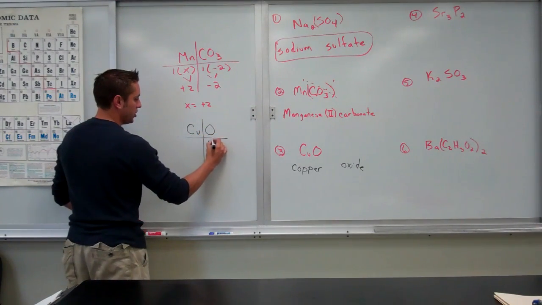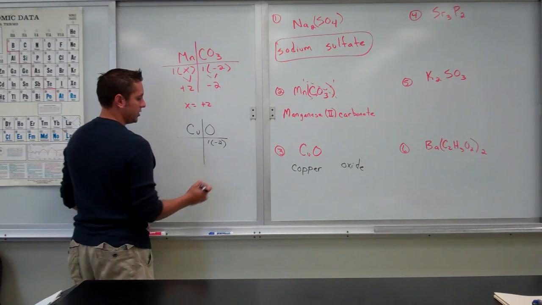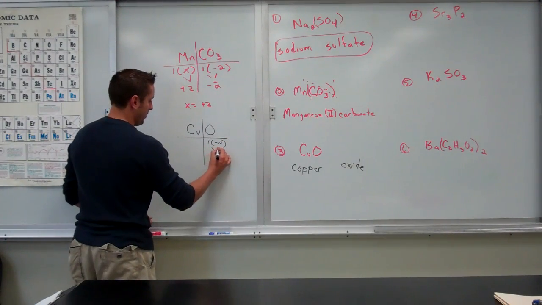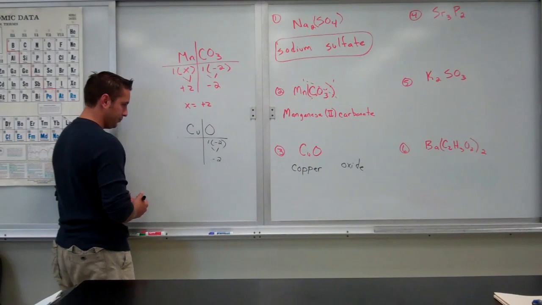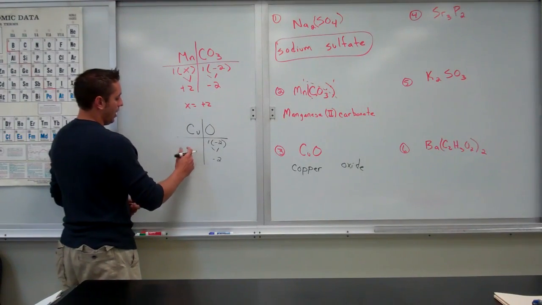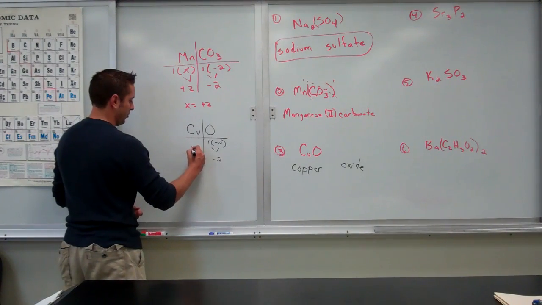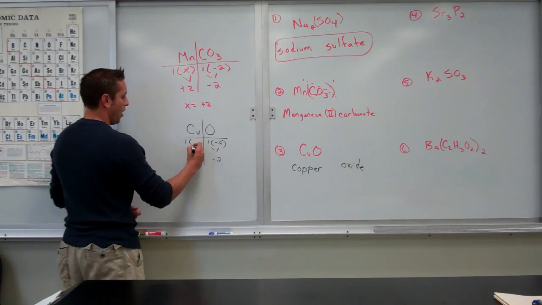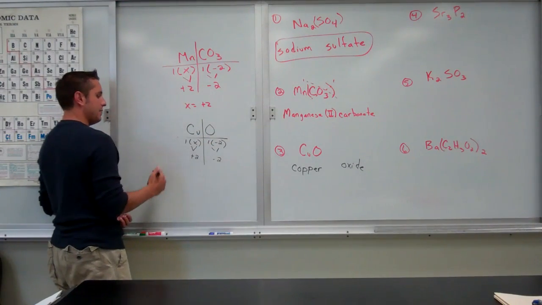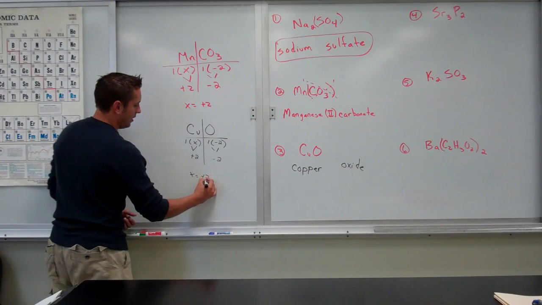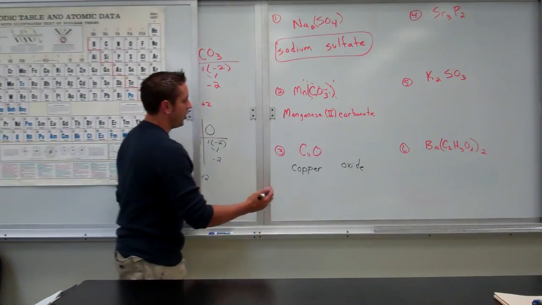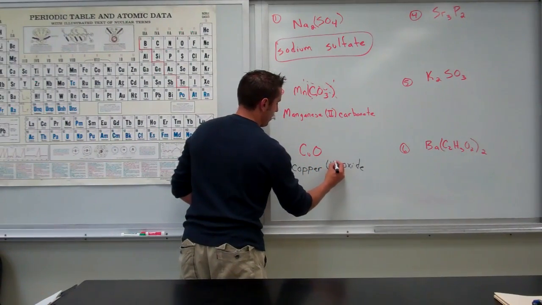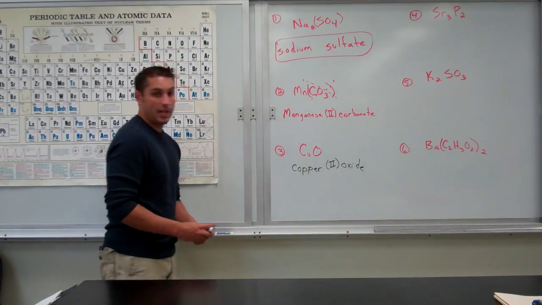I have 1 oxygen, and oxygen is supposed to be -2, which means the charge here is -2. This must be a +2, and there's 1 Cu, and again, just like above, X ends up being +2, so we get copper II oxide.